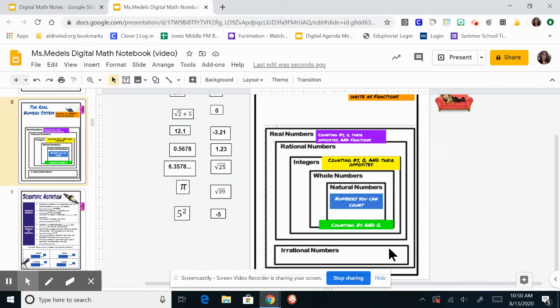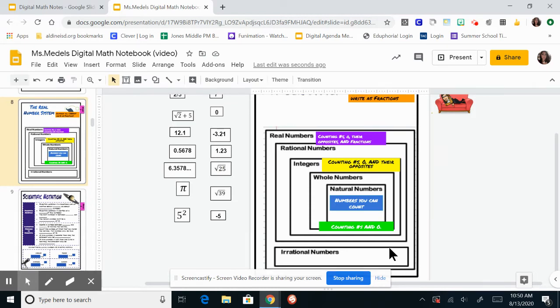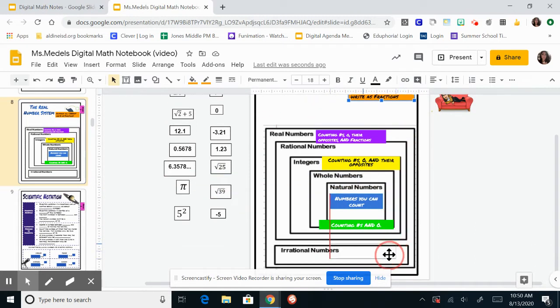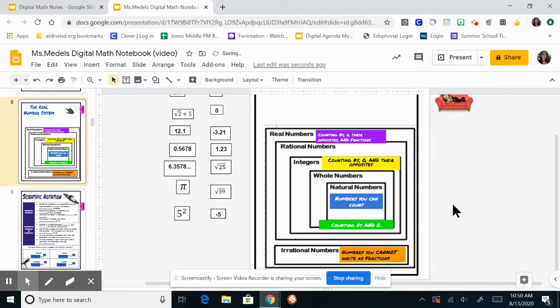So now we're going to go into irrationals. Irrational numbers are just going to be numbers that you cannot write as fractions. And these are going to be on their own. They're completely separate. They don't have anything in common with any of these numbers here.